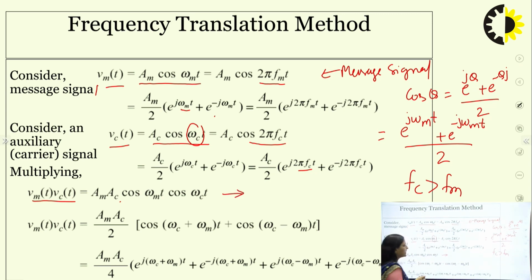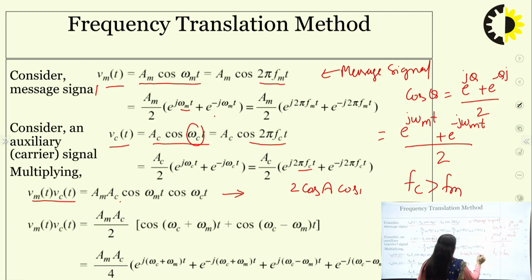What is the trigonometric identity here? I can use 2 cos A cos B, which comes out to be cos of A plus B plus cos of A minus B. Okay, so this identity I have used.